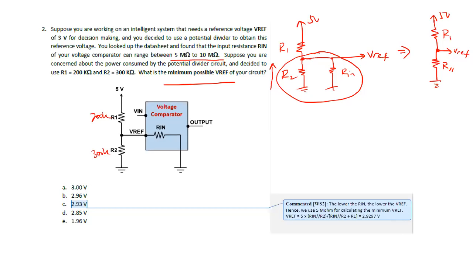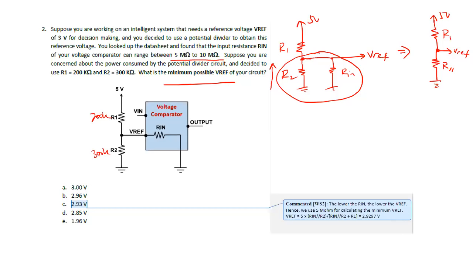The larger the resistance here, the larger the Vref. The smaller the resistance, the smaller the Vref. So if I want Vref to be as small as possible, R parallel must be as small as possible, which means that R in must also be as small as possible. So the R in that I must choose in this case should be the 5 mega ohm.